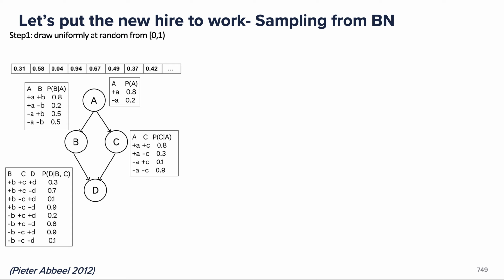So let's say the first step, we have a directed acyclic graph. The first step is that we draw from a uniform distribution randomly between 0 and 1, and so we have an array of numbers. The second step is to find an order in which we want to estimate the values for A, B, C, and D. In the directed acyclic graph, we can either do A, B, C, D or A, C, B, D. To keep it simple, we do A, B, C, D in this practice.